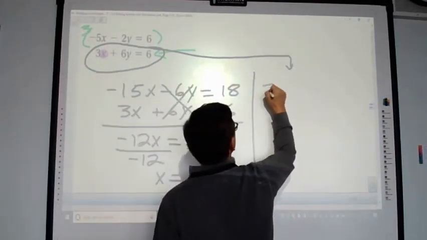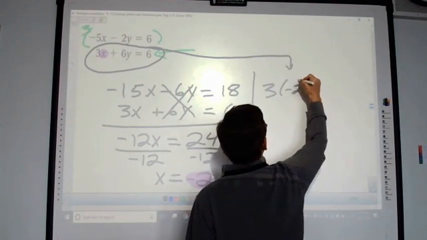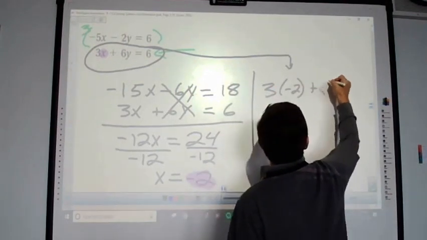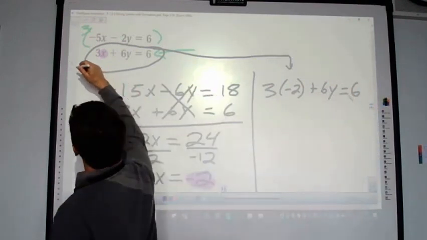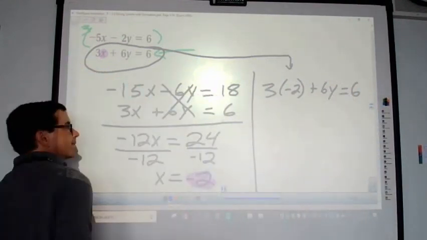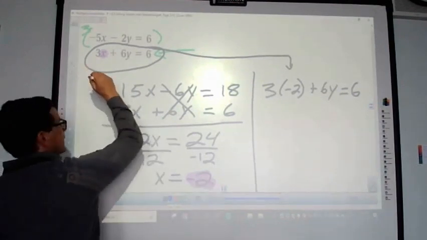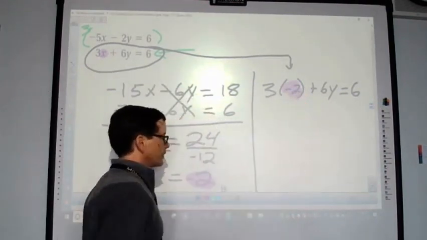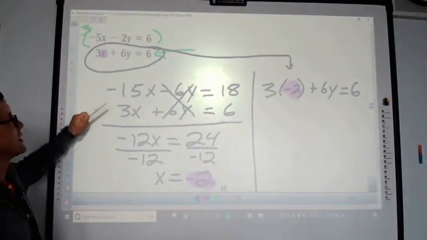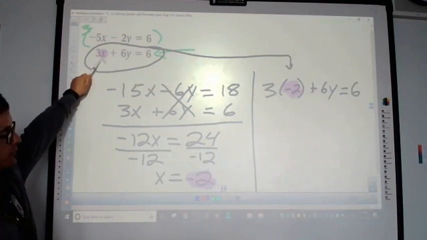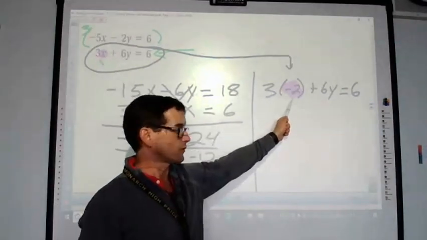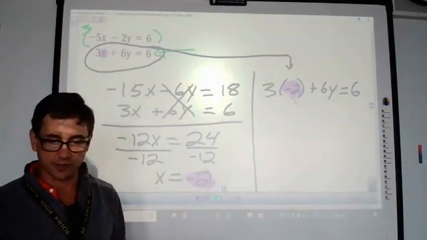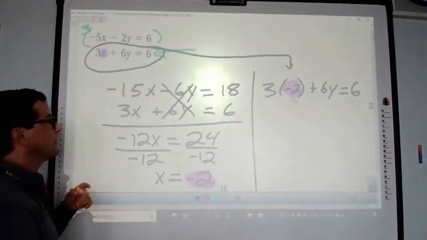So we get 3 times the quantity -2, plus 6y equals 6. That's why it's handy to use the highlighter, because where did the -2 come from? Came from right here. We plugged it in for the x right here. Just makes it crystal clear where you're plugging stuff in.